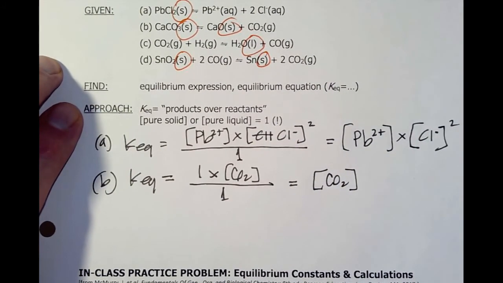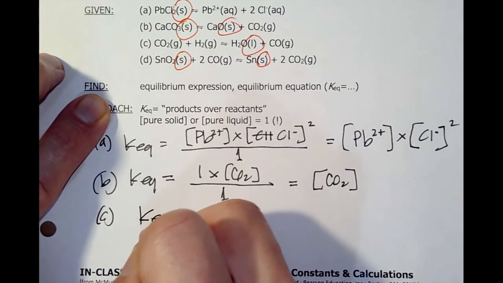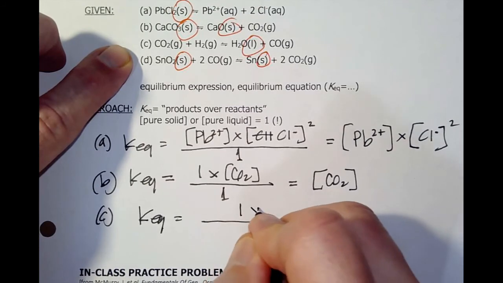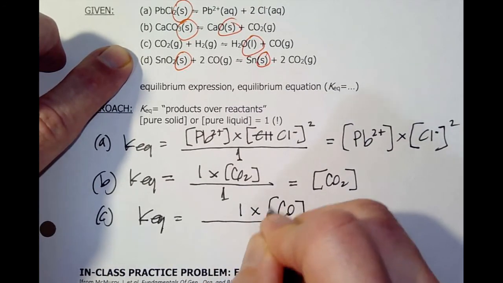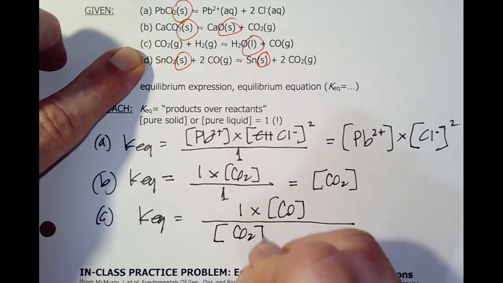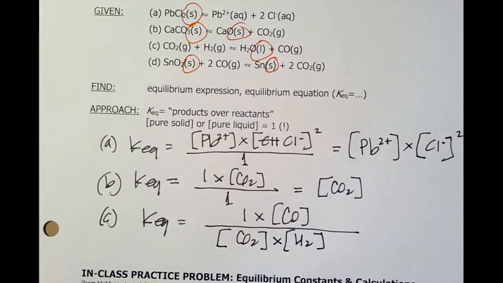Let's do one more. C. K equilibrium equals 1 times carbon monoxide concentration divided by CO2 concentration times H2 concentration.